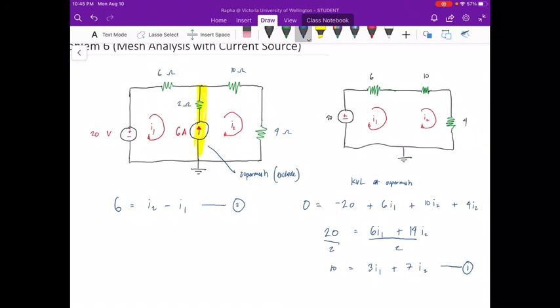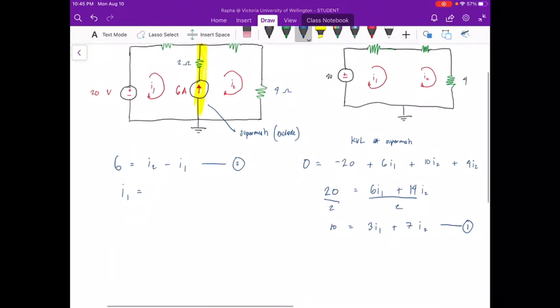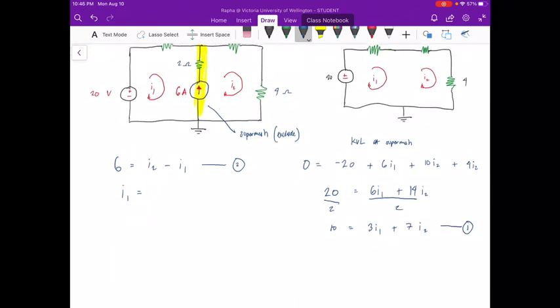Now we can solve for these two equations by substitution or any other algebraic method that you fancy.